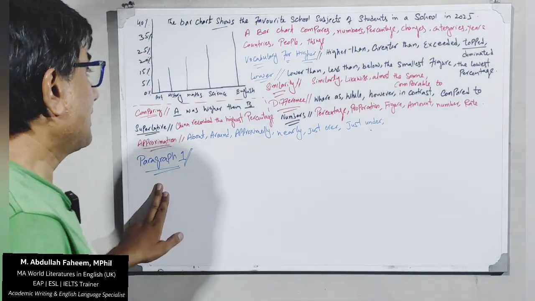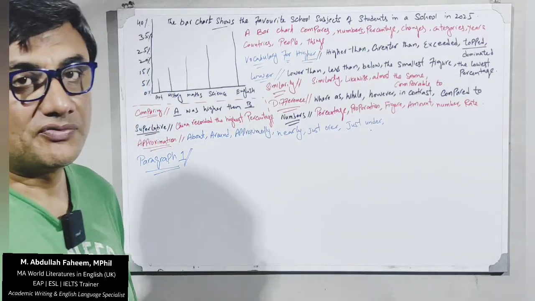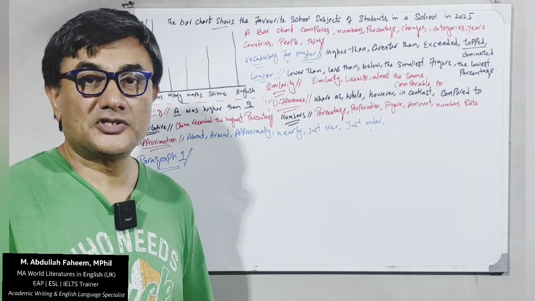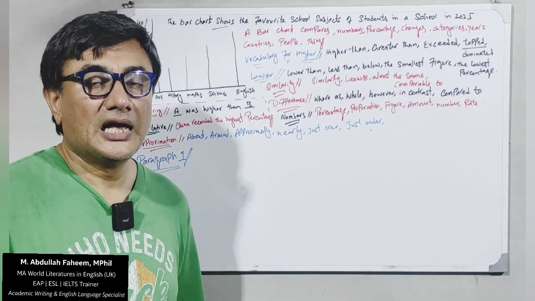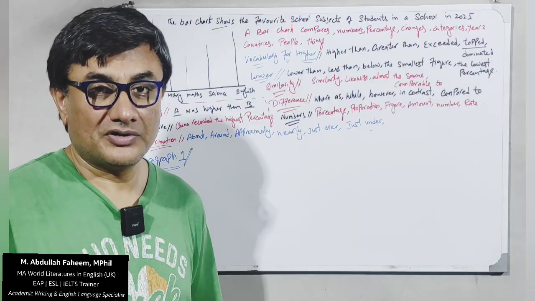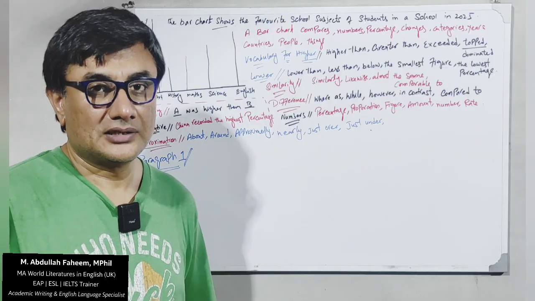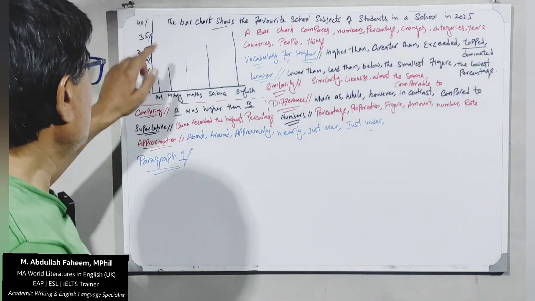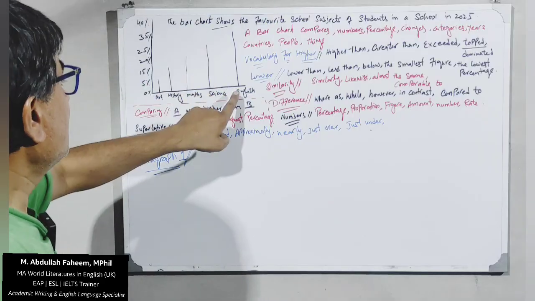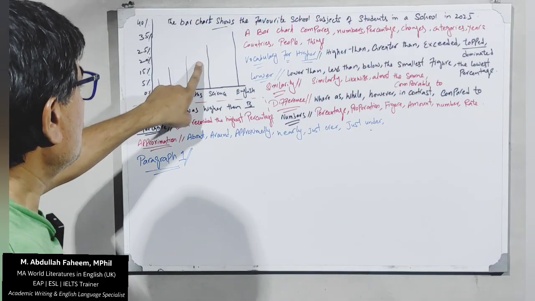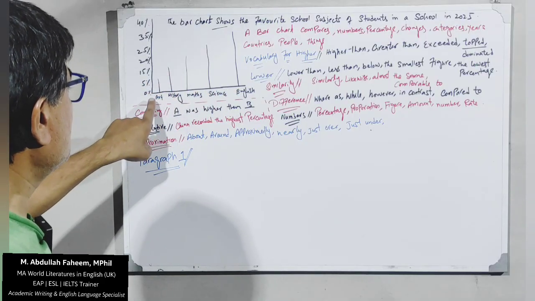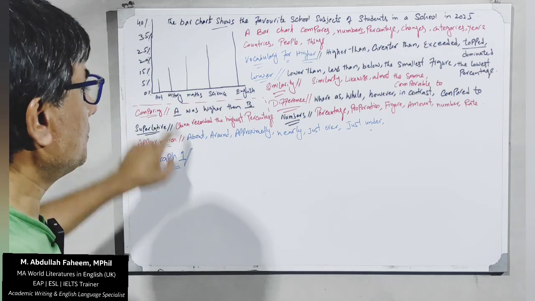Now this is body paragraph 1. In body paragraph 1, we need to give higher trends, higher percentages, as I already mentioned in the very first video on line graphs. So we see that English was the most preferred subject, followed by science, maths, history, and arts was the least adopted subject.